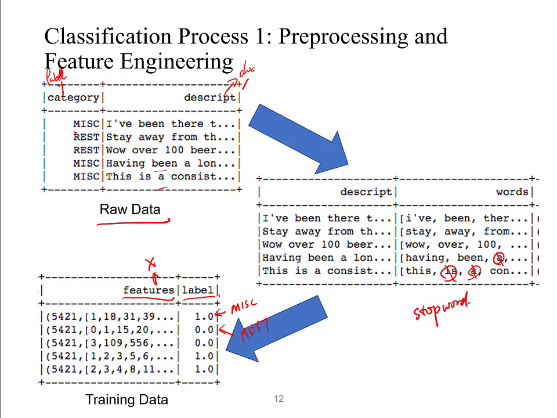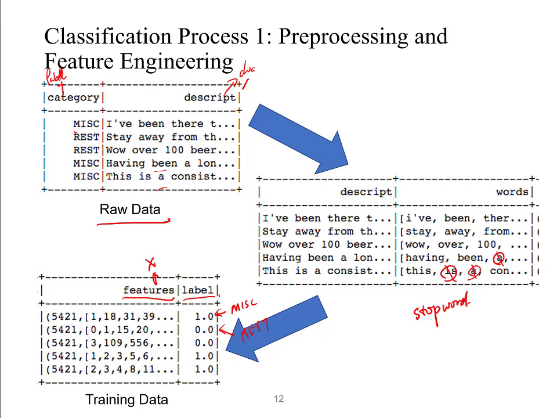And for other tasks, for example, when you do medical diagnosis, you want to generate the feature vector for a specific person.